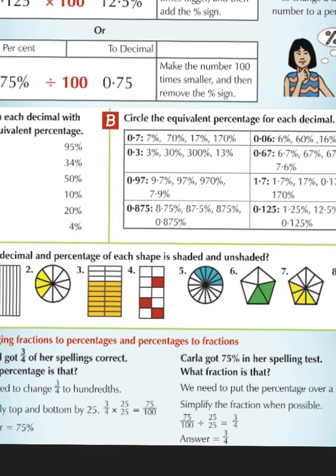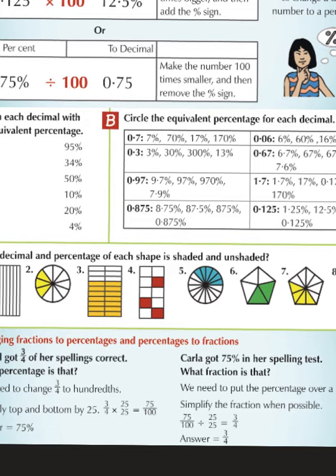So we'll have a look at the Planet Maths book that you have for schoolwork today. Let's look at A, match each decimal with its equivalent percentage. We were talking about fractions before, now we're talking about decimals. So we'll just convert these into fractions first.